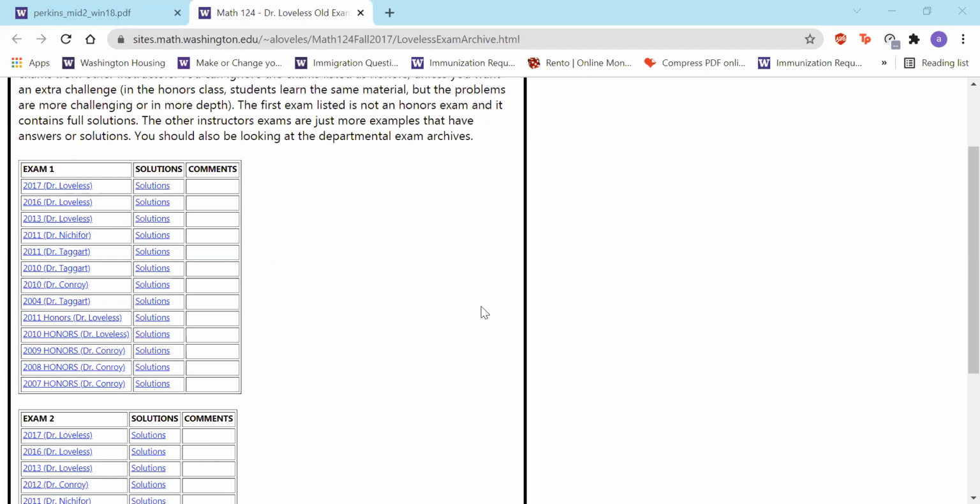Does this make more sense to you, or does anybody have questions about 5a? Do you need more elaboration on this problem? Okay.